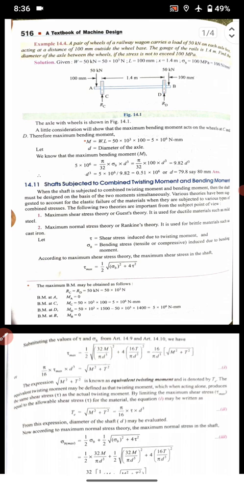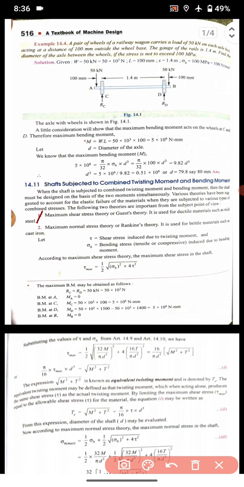Okay, so we have to consider the two important theories. The first is the maximum shear stress theory, or Guest theory. It is used for ductile materials such as mild steel.